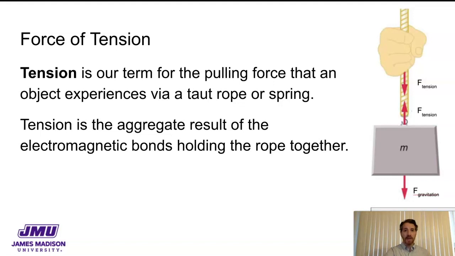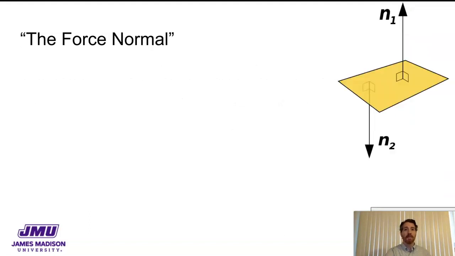That downward tug on your hand is the force of tension, and that is equal in magnitude, just opposite direction, from how the mass experiences that same interaction. The mass is feeling the rope pull up. If you put a heavier object on there, you have to pull up harder, and you feel it pulling down on you harder. We'll get more into that, but for now, anytime you see a rope or a cable or something like that, you can call it the force of tension. And anytime a problem says that a force of tension is involved, you can interpret that to mean there's some kind of string or rope or something like that.